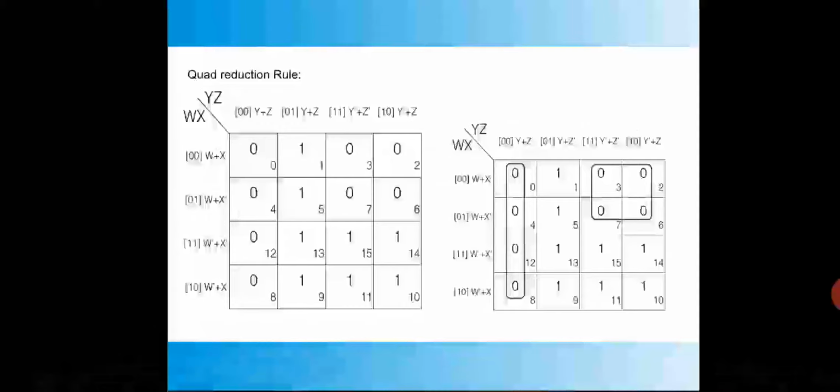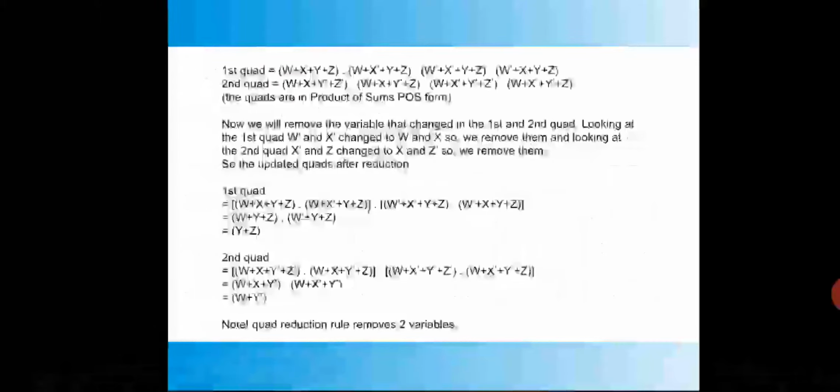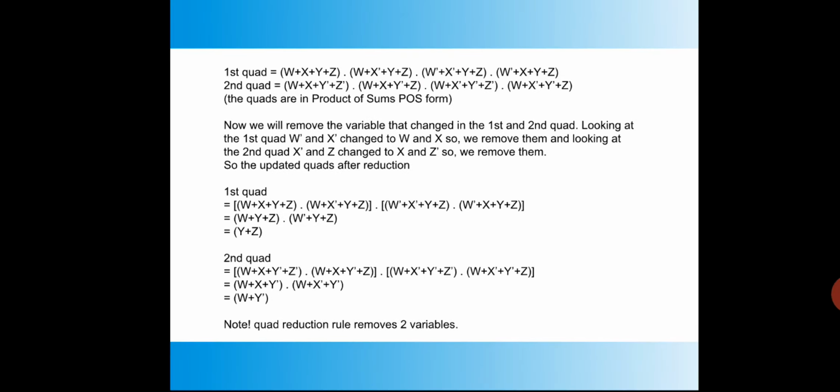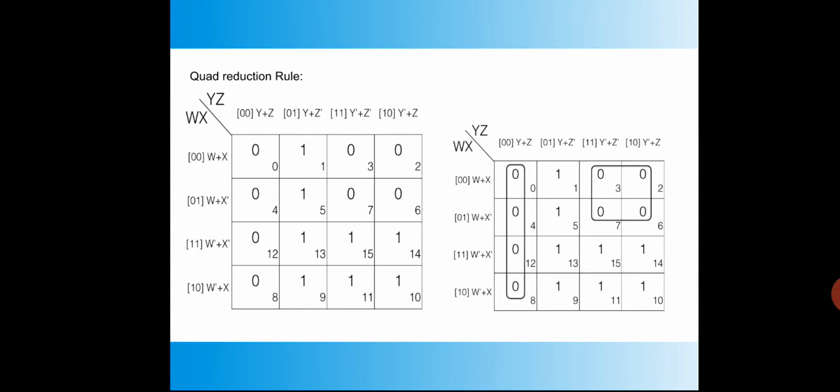Now here you have combined 4 zeros in both places with different adjacent cells. Now let us see how exactly we can pair it. The first quad will obviously be w plus x plus y plus z. Why is it w plus x plus y plus z?